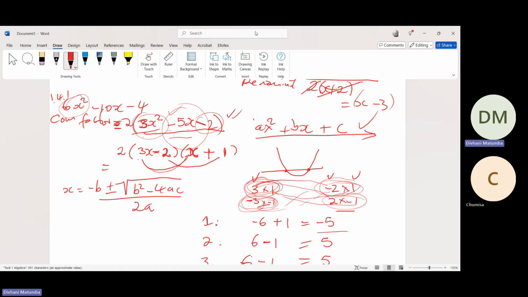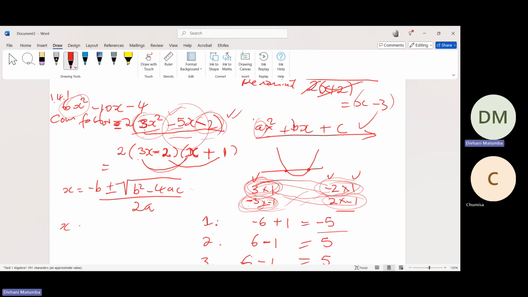Now, what is the value of a? If you get an expression written in this form, a is the number behind x squared, which is 3. b is the number behind x, which is -5. And c is the last number, which is -2. So with this formula, you just substitute those numbers. Then you will get the solutions.